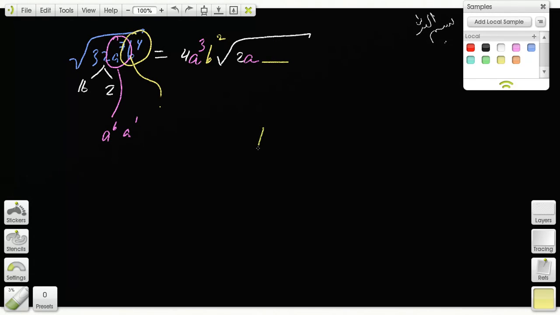No. If you have 4 pieces of bread, how many sandwiches can you make? 2. How many left for the fridge? Nothing. Yes, there's nothing for the fridge. You understand? It's like square root of 16. It's like 4, and there's nothing inside. Does that make sense? Okay, that's this.